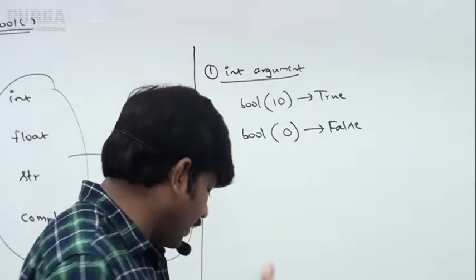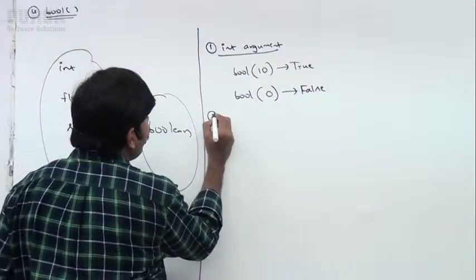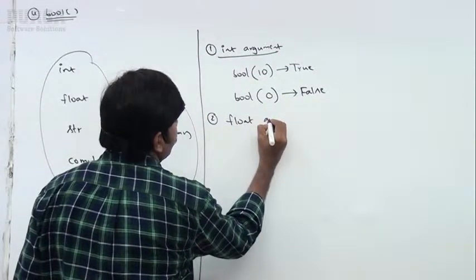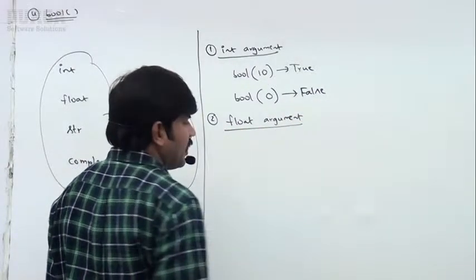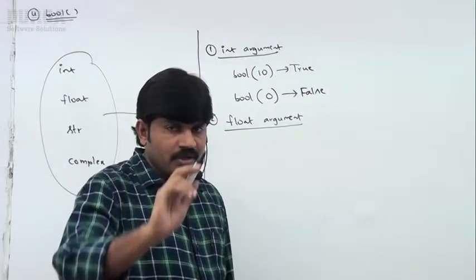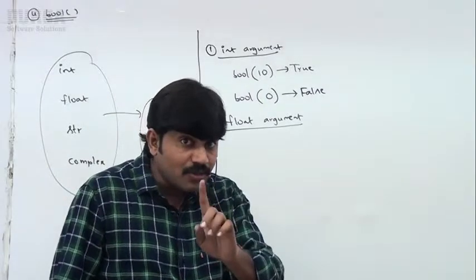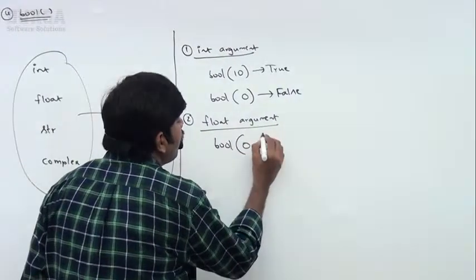Same way, if I pass a float argument, the rule is always the same, no explanation is required. If the float value is 0, it is treated as False, non-zero is treated as True. I'm taking bool of 0.0.